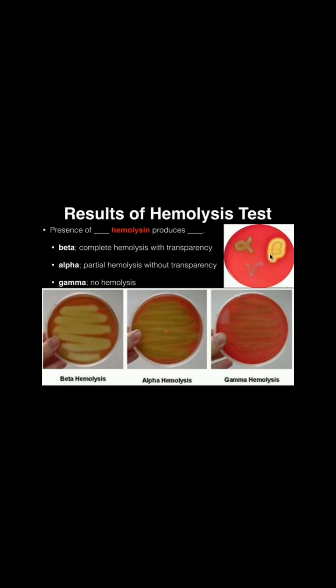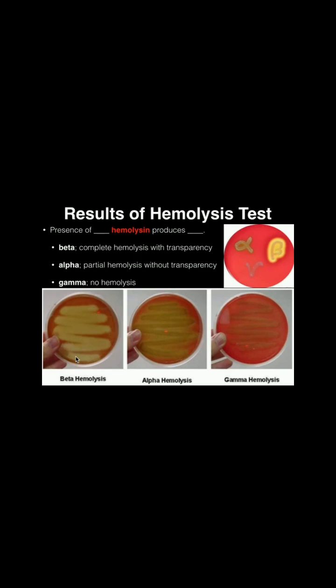This yellow-looking region surrounding the beta, and also here in the center of the beta, is the zone of transparency, and you'd be able to see that. It's much easier to see when you're holding it up to a light in the lab. You'll kind of get the hang of that. Here's another look at beta hemolysis. It's definitely the brightest when you hold it up to a light.